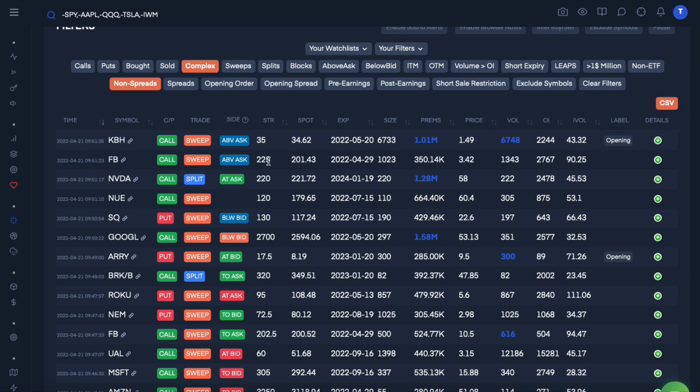This would be a very high risk, high reward play because we only have about 1 week. Someone spent 350k expecting the price to move towards 225, which could be an earnings play as well. I think earnings are either this week or next week for Facebook.